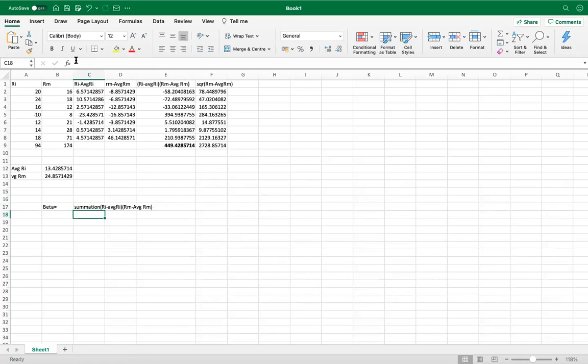Divided by, okay, this was my denominator, so I will say equal to this by, so I get it as 0.164 whatever, right? And I will round it off to 2 decimals.